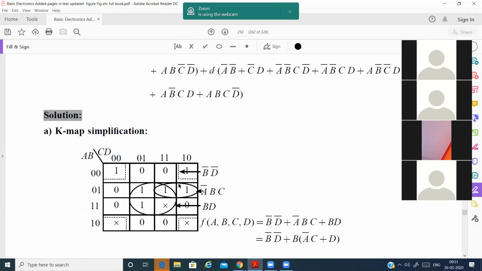The neighboring numbers can be grouped, and they should be 1 and 1, or one of them can be don't care. So 1 1 is there, I can make this one group. Next, 1 1 and a don't care. I told you, based upon my convenience, I can utilize this don't care as 1 or 0.